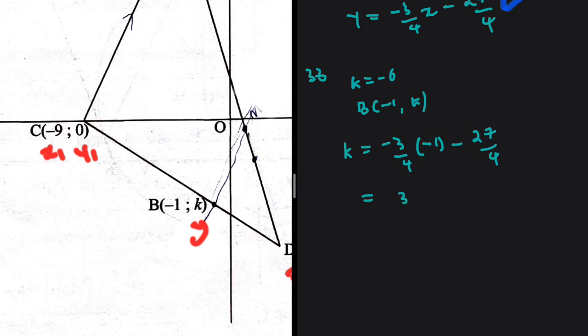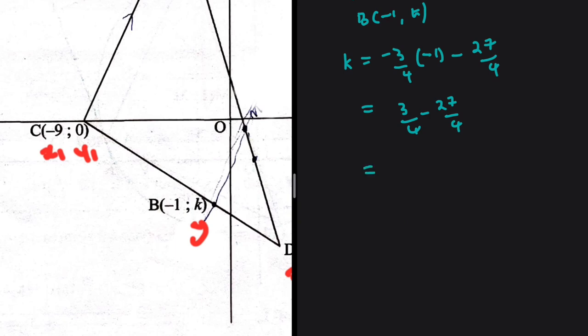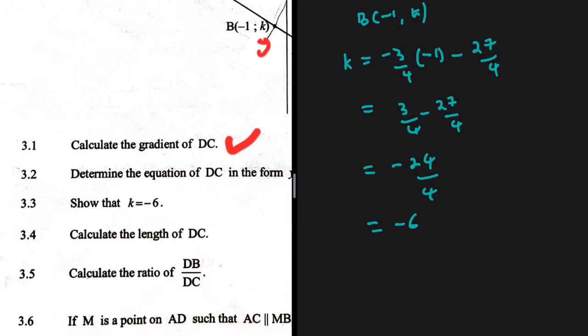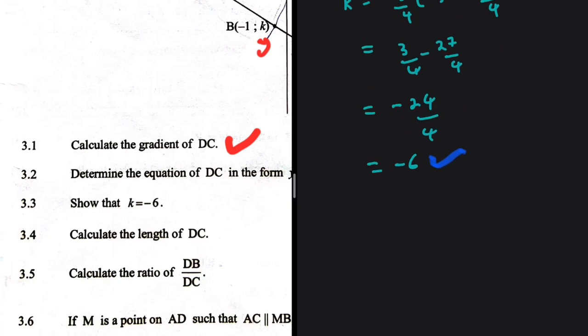That will be 3, so 3 over 4 minus 27 over 4, and then this is just minus 24 over 4. 6, 12, 18, 24. So this is equal to minus 6. So there we go, just like we're supposed to show. K is indeed equal to minus 6.